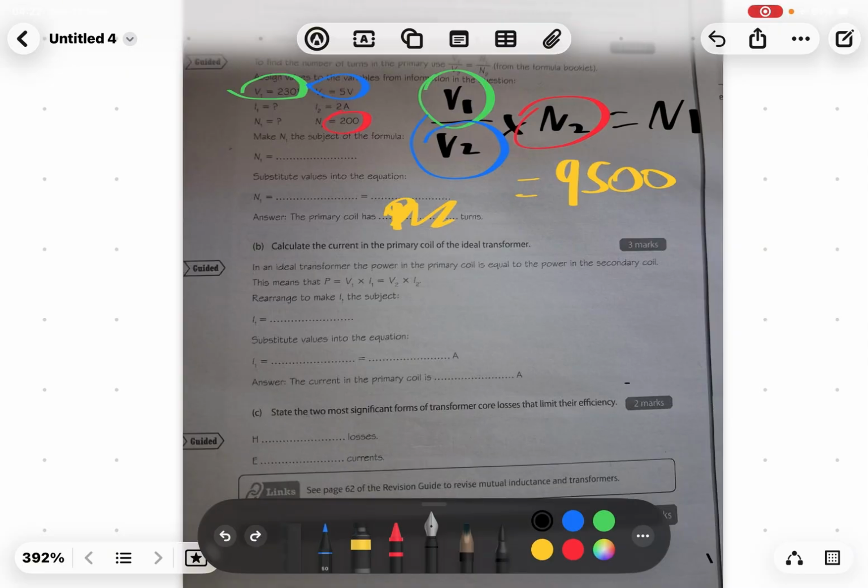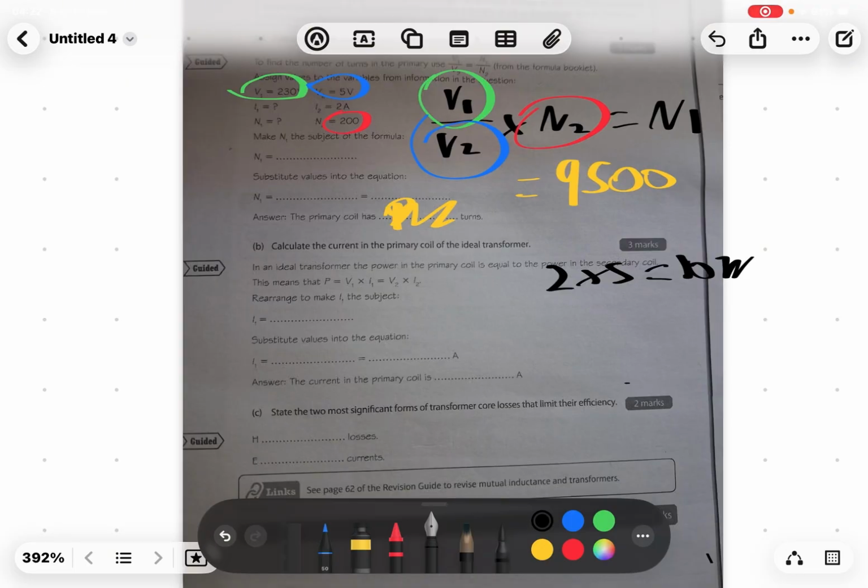We're looking for I1, but we know the I2 and V2, and that's what we need. So let's work out the power for this one. That would be 2 times 5 equals 10 watts, by the way. That's the power.